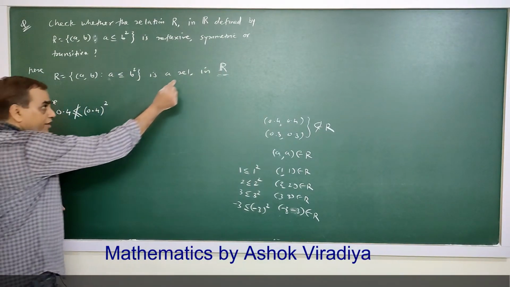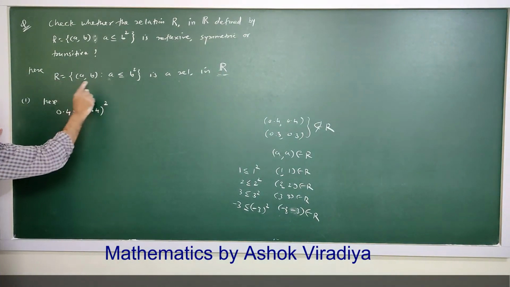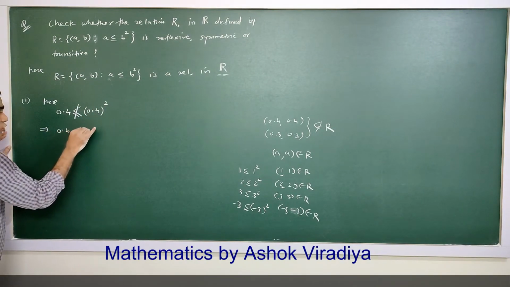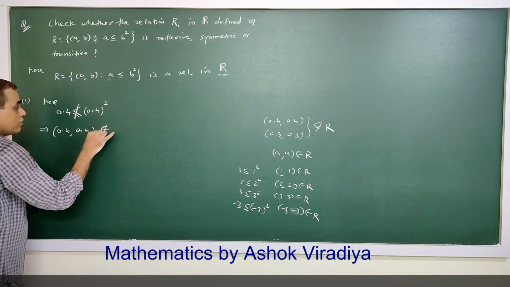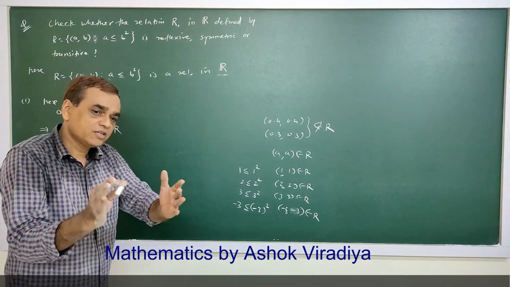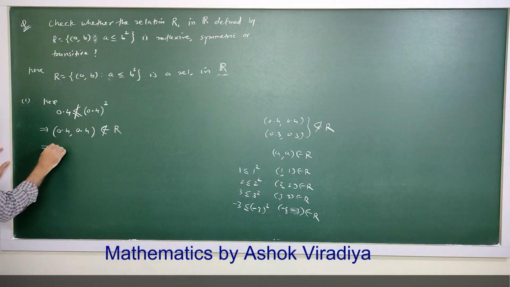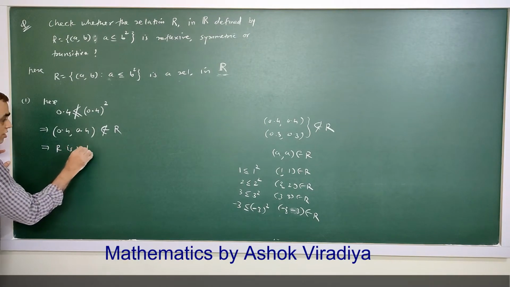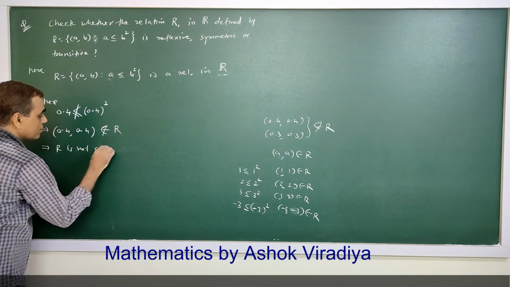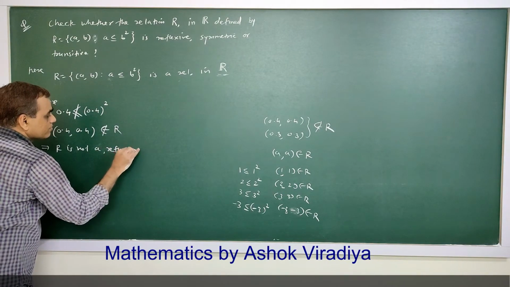So taking 0.4 from this set, this condition is not satisfied. Therefore (0.4, 0.4) does not belong to R. And only one such example is sufficient to say that this relation is not reflexive.